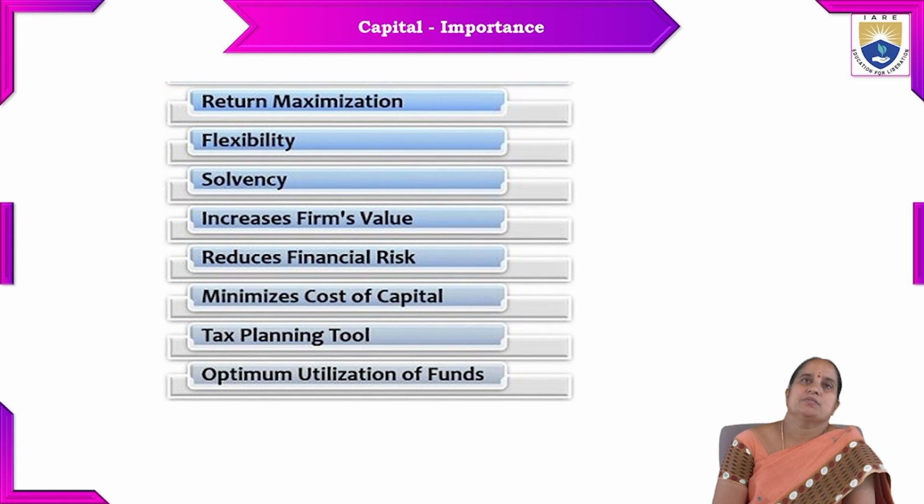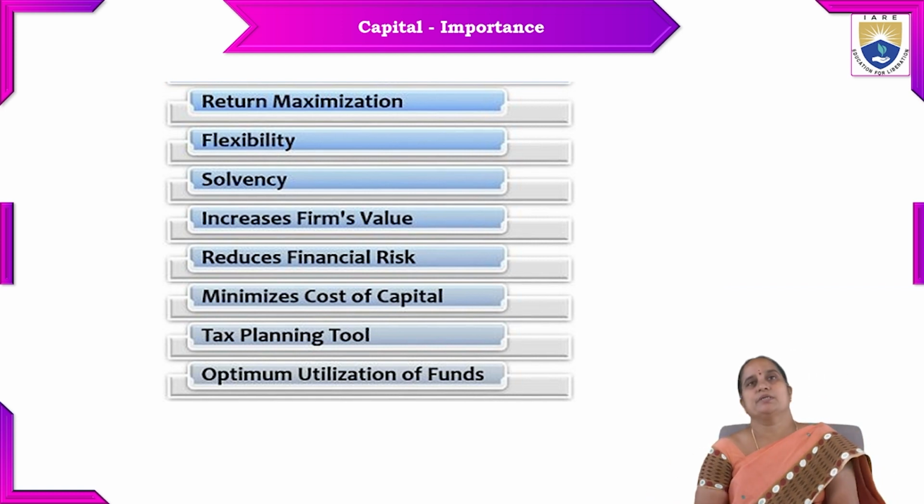Then, coming to the importance of capital, return maximization. As we evaluate investment proposals in terms of risk and return, the investor always looks for high return shares or securities, and flexibility should be there so that we can easily mobilize funds from surplus units to deficit units.